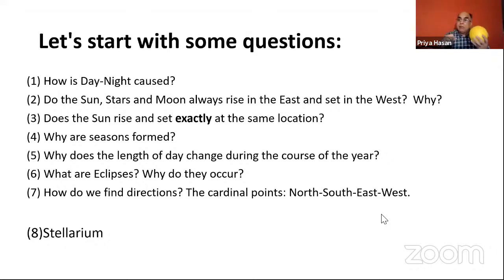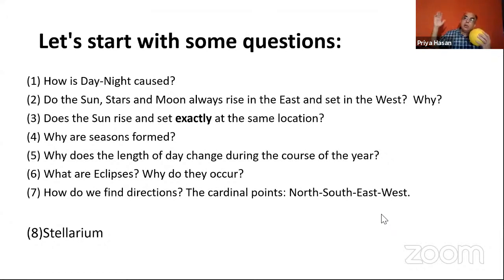And then another issue is our Earth, as it is spinning on its axis, it has a tilt. Once upon a time when Earth was created, probably its axis of rotation was perpendicular to the plane on which it was moving.